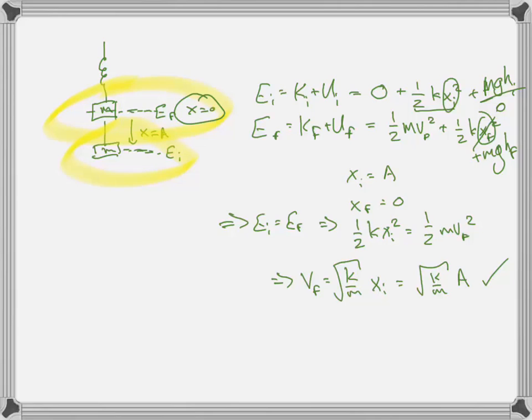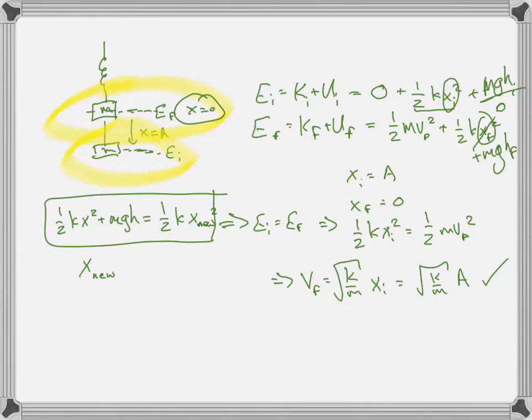But if we reset our position, just like we talked about before, such that we're measuring from the new equilibrium position that is given by the fact that it's hanging in a gravitational field, then gravity is absorbed by the 1/2 k x squared function. That's the best way I can put it without writing out the mathematical equations. You can prove to yourself that 1/2 k x squared plus mgh is equal to 1/2 k x new squared, where x new is x unstretched plus delta x, the amount it is stretched by gravity.